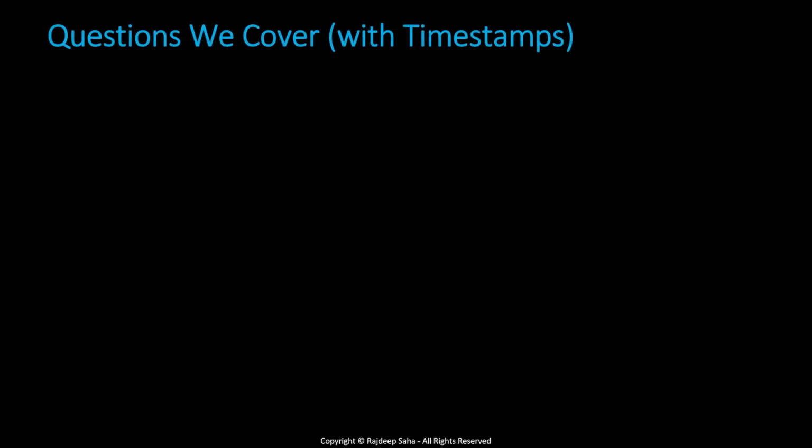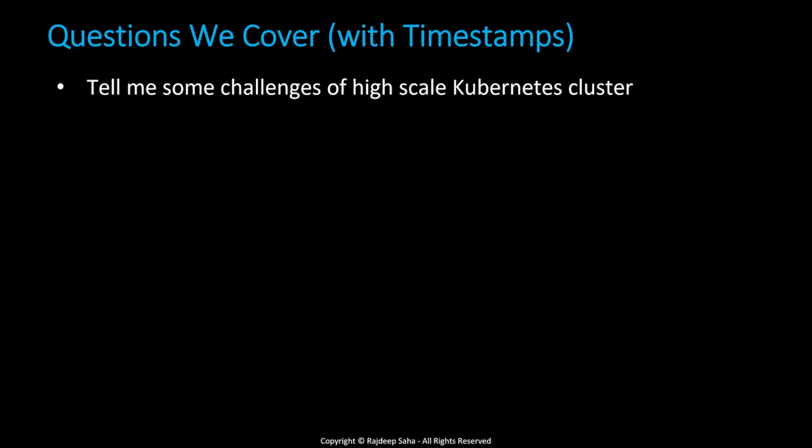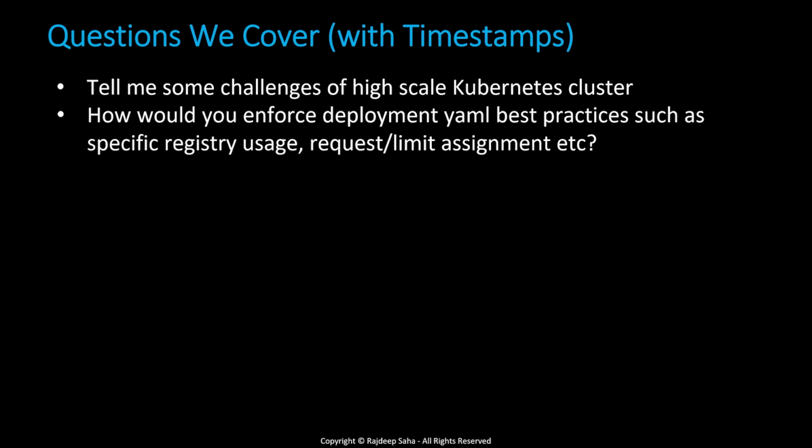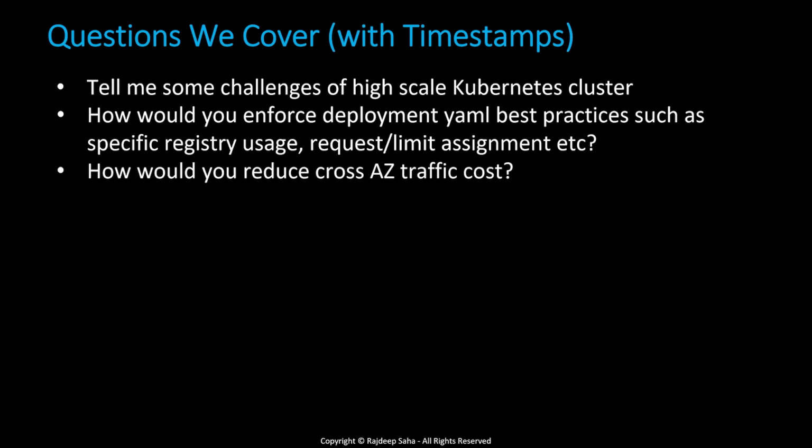Questions we are going to cover today. Tell me some challenges of high-scale Kubernetes cluster. High scale as in both on the size of a cluster where you are running thousands of worker nodes as well as with high scaling requirement. How do you enforce deployment YAML best practices such as specific registry usage, everyone should use request limit, etc.? How do you reduce cross availability zone traffic cost?